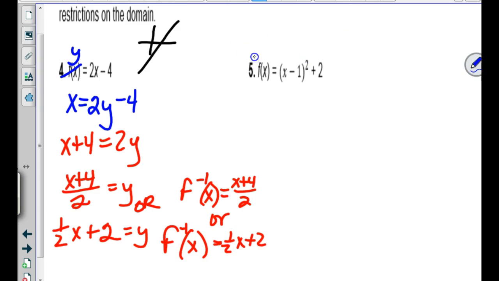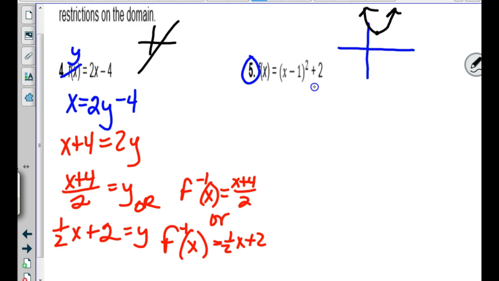All right, what does the original function on number 5 look like? Shouldn't need a graph. It has an x squared, so what shape is it? Parabola whose vertex is at 1, 2. So over 1, up 2, somewhere up here is a parabola. Does that pass the horizontal line test?